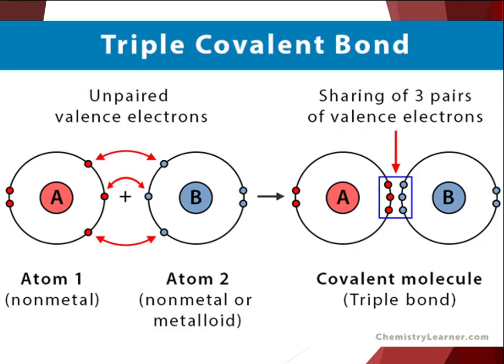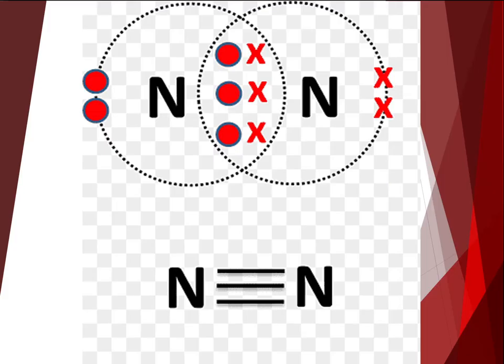A triple bond consists of 3 pairs of electrons shared between the 2 atoms, a total of 6 valence electrons. What kinds of atoms can form a triple bond? An atom must have room for at least 3 additional electrons in its valence shell if it is to form a triple covalent bond.